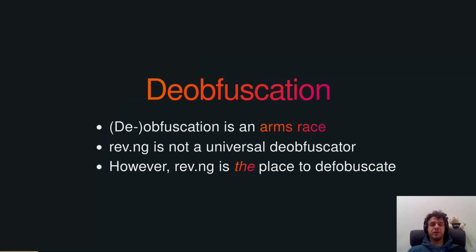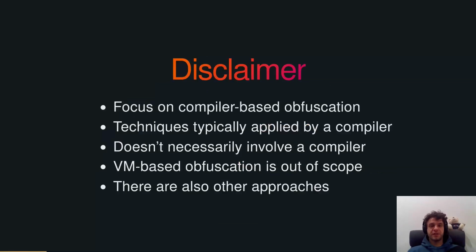So what this video is about instead is the fact that revenge is a very good place to be if you're trying to do deobfuscation of a specific class of obfuscation techniques. These techniques are what I call compiler-based obfuscations. They are techniques that are typically applied by a compiler, but they don't necessarily need to be.